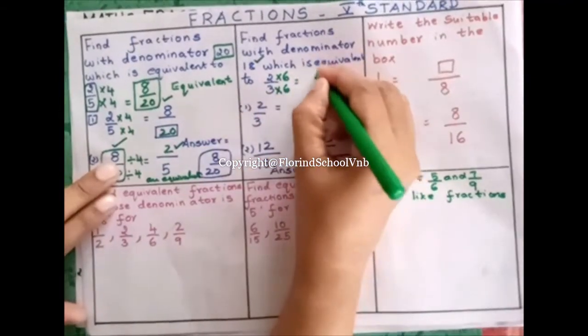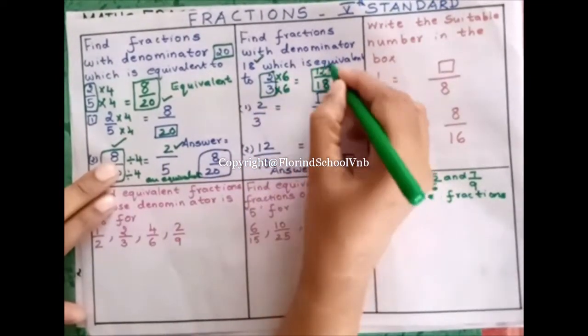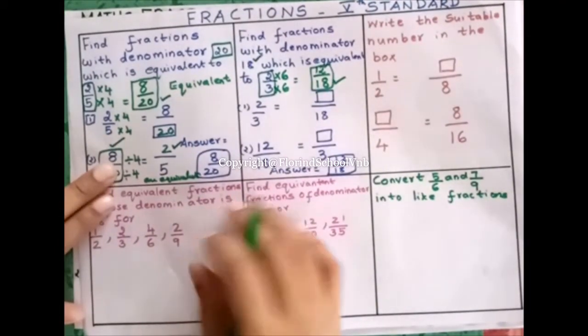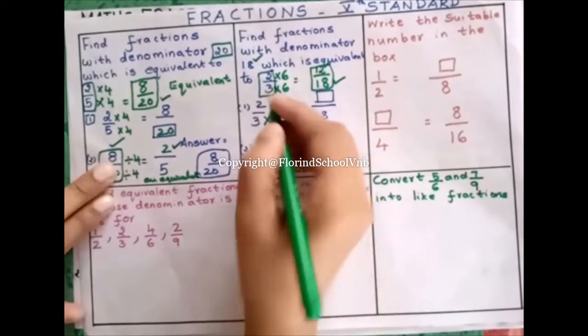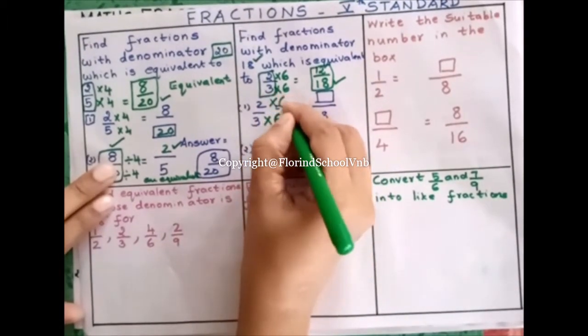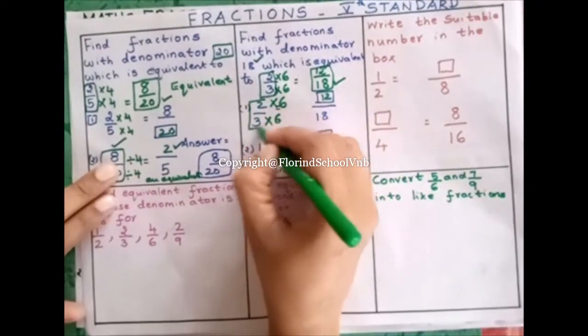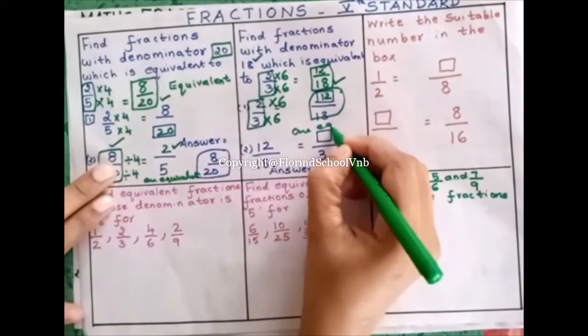So 2 sixes are 12. Now 2 by 3 is equivalent to 12 by 18. So 2 by 3 multiplied by 6 is 18. So 2 also should be multiplied by 6.